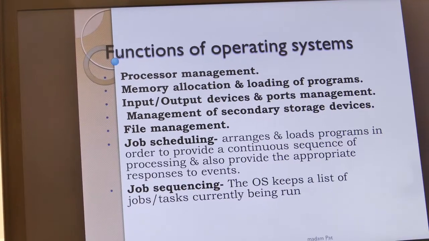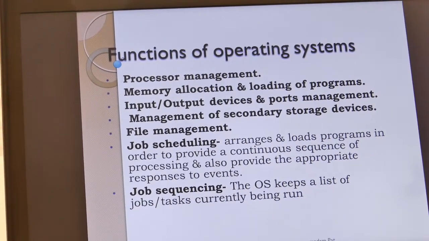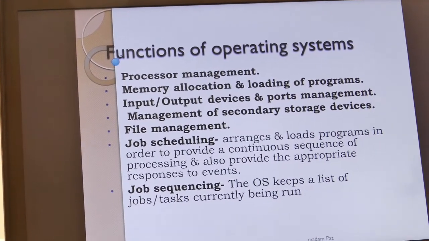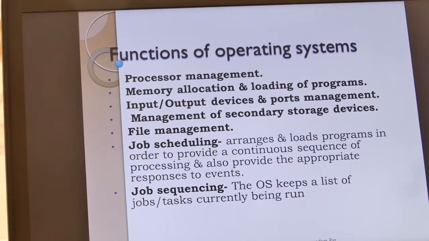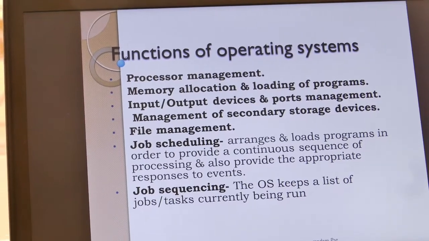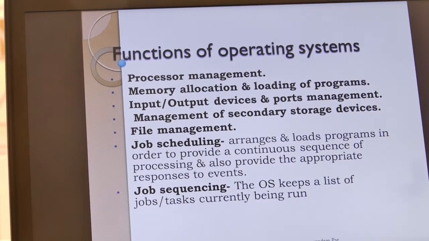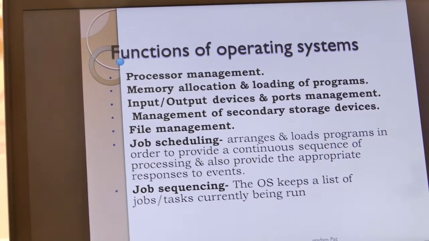Apart from loading of programs, we have memory allocation. When you want to save a document, it is the work of the OS to allocate the memory for that document, which fits into that document. When you want to open a saved document, the OS has to locate where you saved it, then it opens it for you to use on the screen.